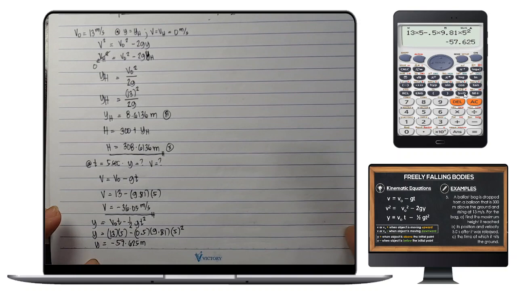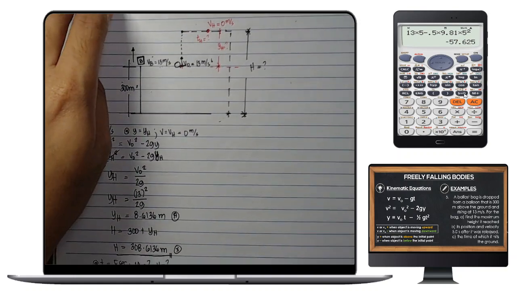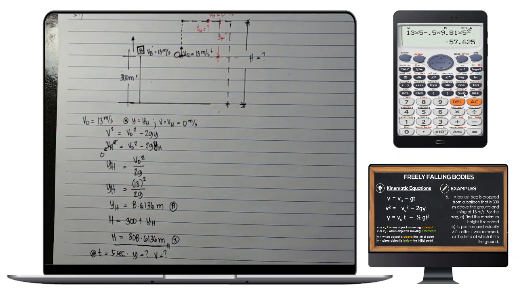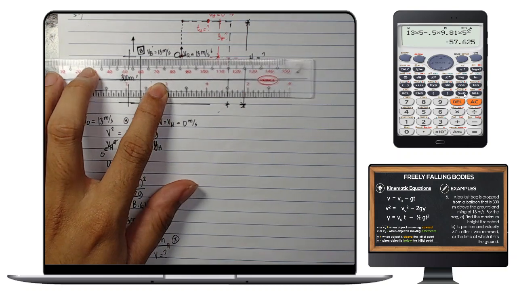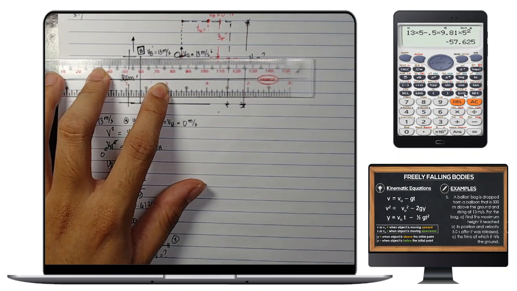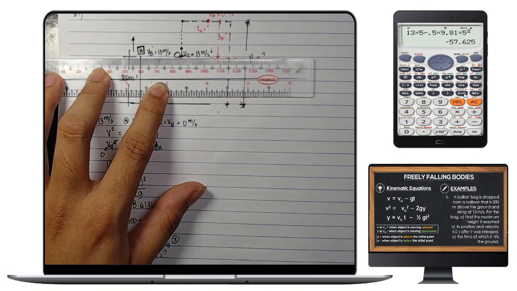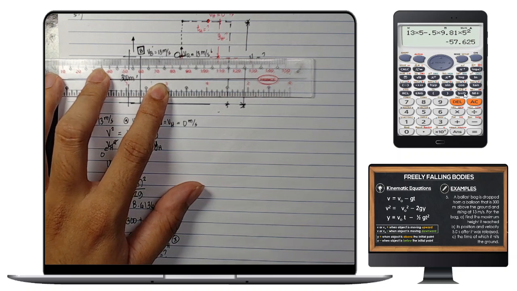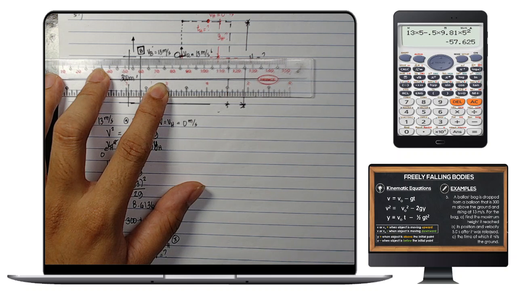So, ibig sabihin, yung y natin, okay, so paano ang ibig sabihin yan? Pakita natin sa figure. So, di ba dito, we use the position of the balloon, yung initial position niya, which is at 300 meters above the ground, yun yung initial position ni balloon. So, we use it as our first point.